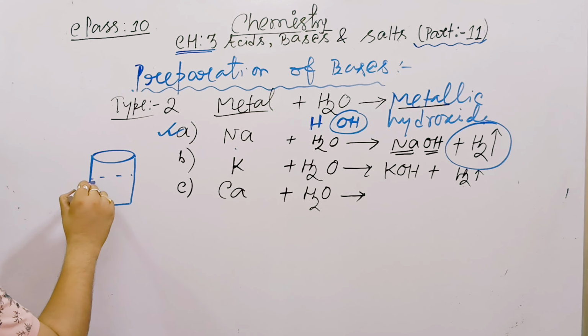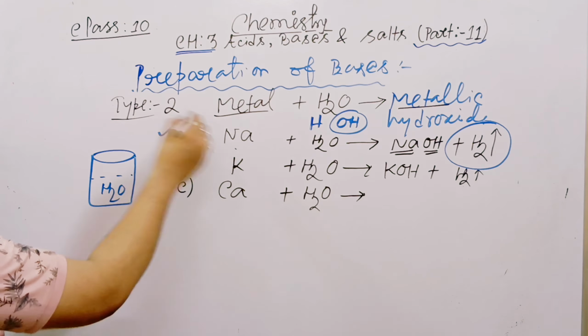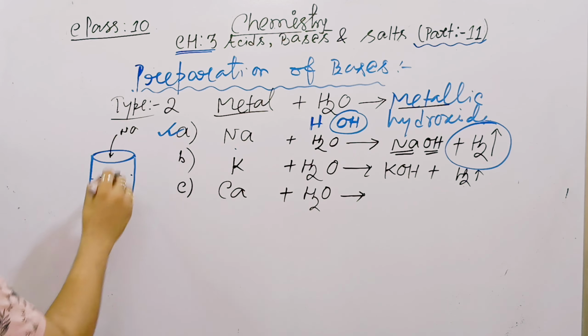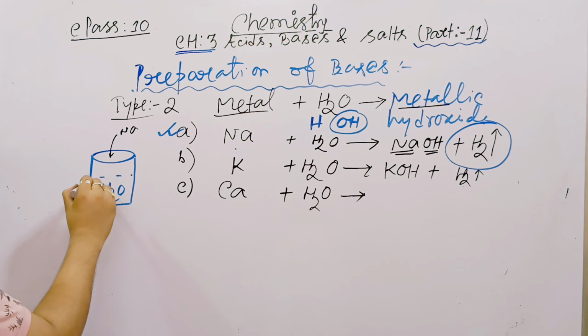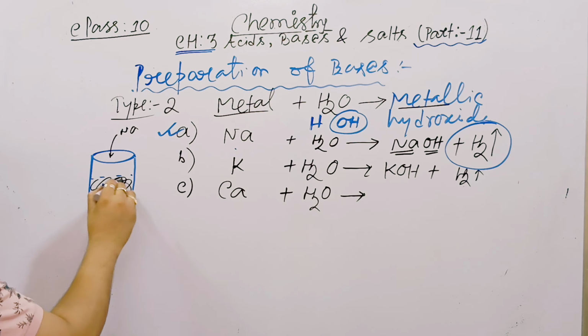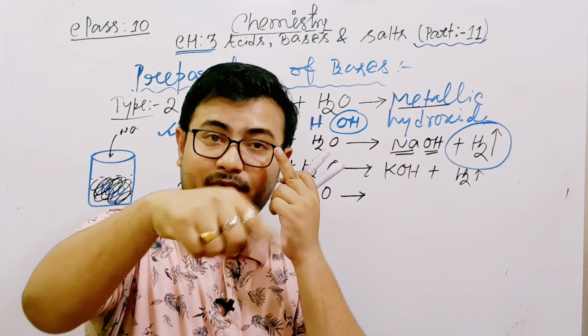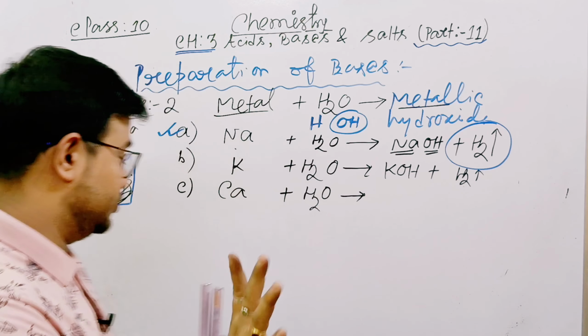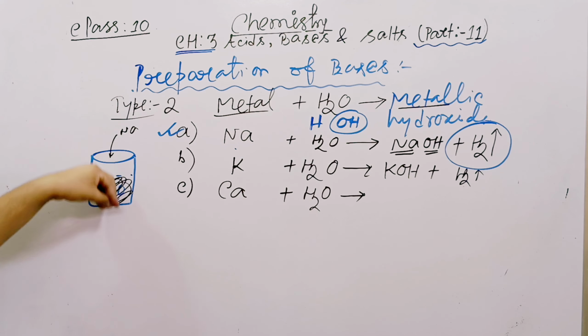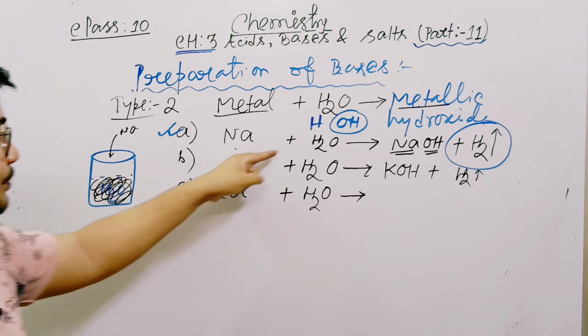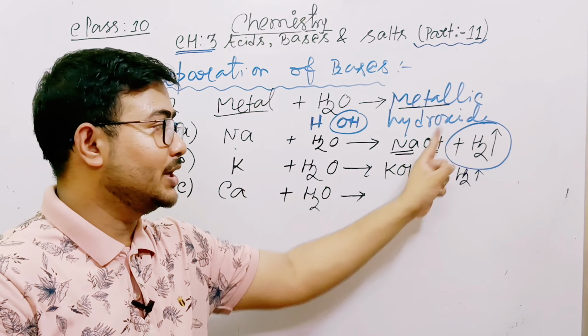Suppose in a container you first take water. Suppose you give sodium. So sodium first dissolves with water, mixed and dissolved. For example, whenever you give sugar into water, sugar first dissolves, no? Sugar is not metal, but whenever you give some metal, it dissolves and produces this answer.